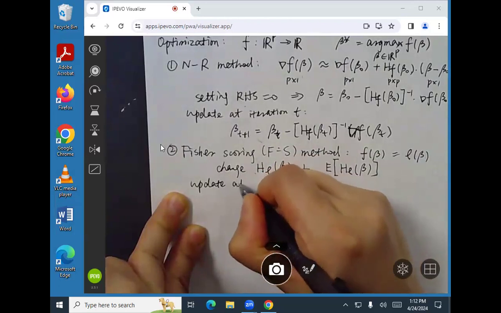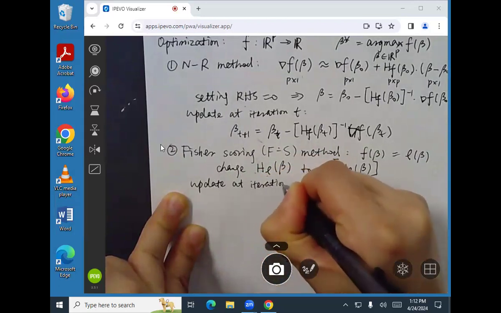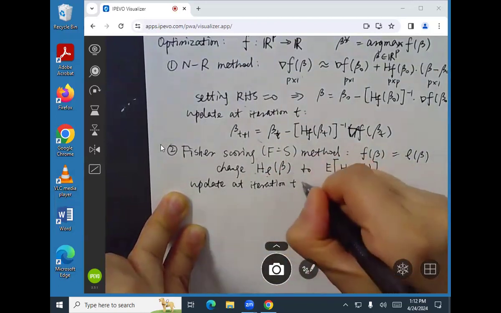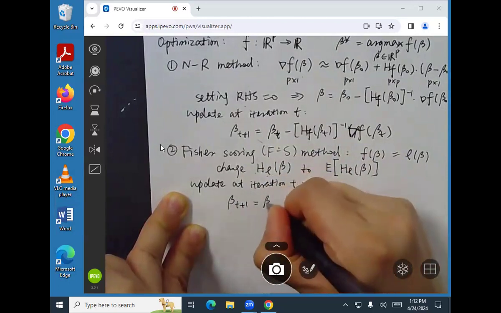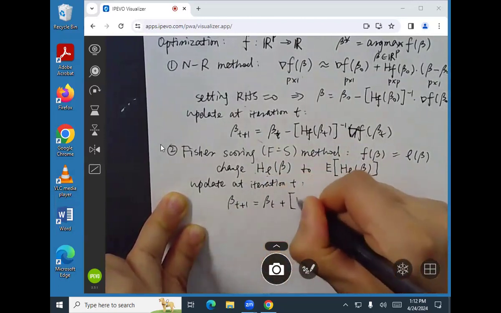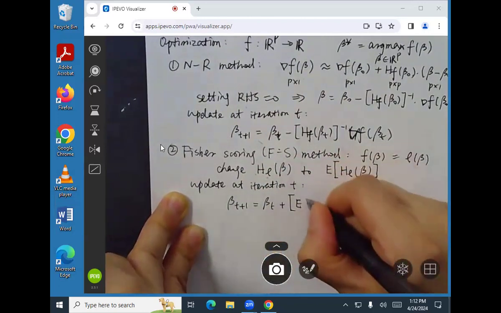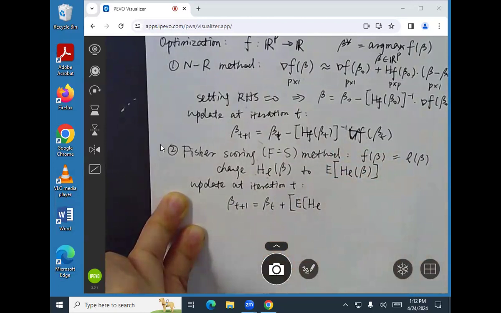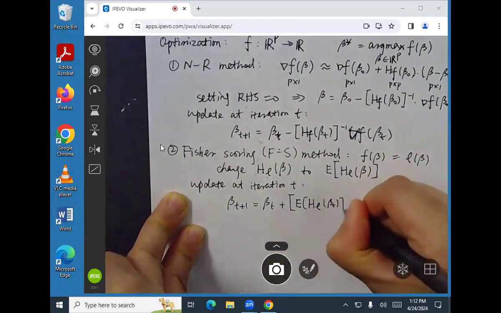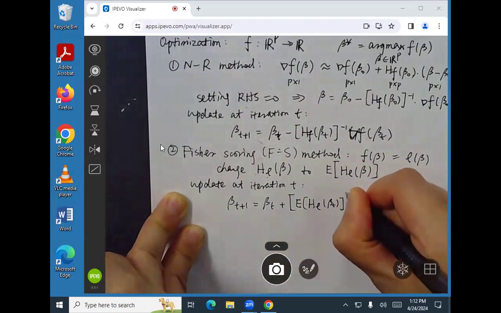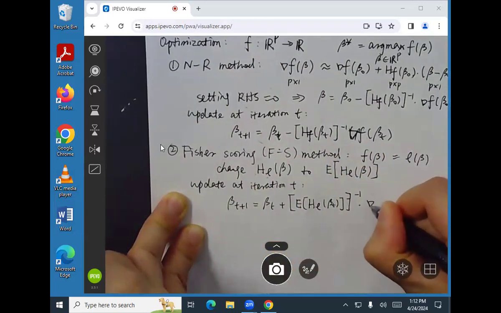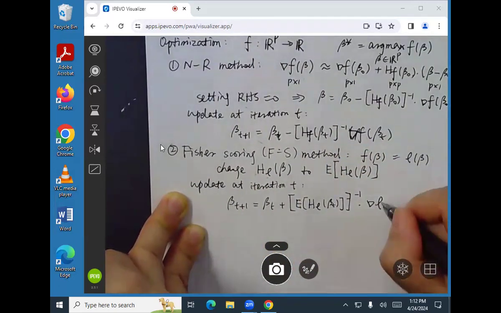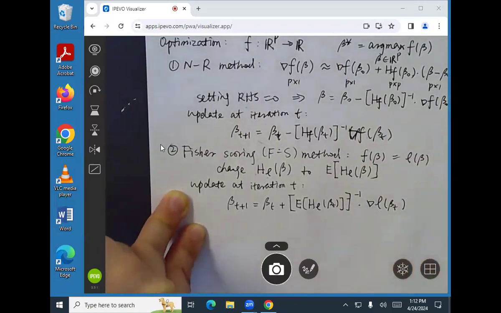If I still use the update at iteration t, it will become beta t plus 1 equals beta t plus the expected Hessian of the log likelihood at beta t, inverse, times the gradient of the log likelihood at beta t. This is what we will do in Fisher scoring.